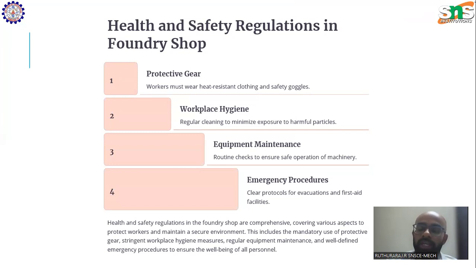Heat-resistant clothing should be worn by them, and similarly goggles should be used by the workers at every step necessary. And workplace hygiene: the foundry should be maintained with proper hygiene. And then equipment maintenance.